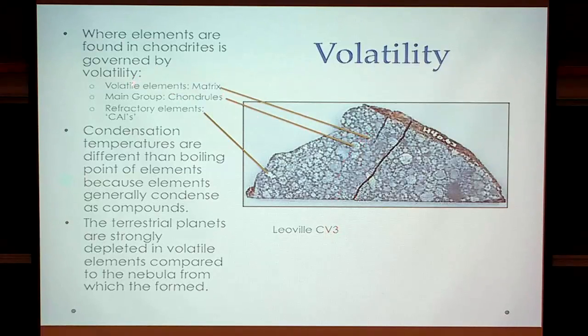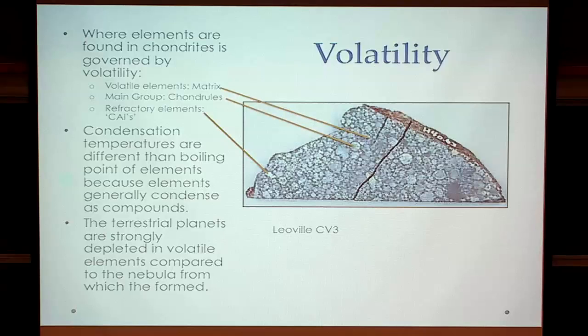The main group elements, which I'll define in a minute, these are the most abundant elements, silicon, magnesium, iron, things like this, are predominantly found in, or make up at least the bulk of, chondrules. You can see in the case of this meteorite how large a fraction of it is actually composed of these chondrules. And then the most refractory elements are concentrated in these CAIs.